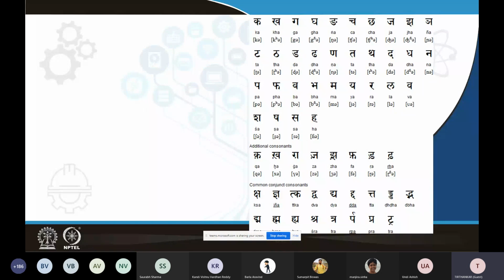We have vowels and consonants, and then in Indian languages we have a special thing like consonant conjunctions. So what are these consonant conjunctions?